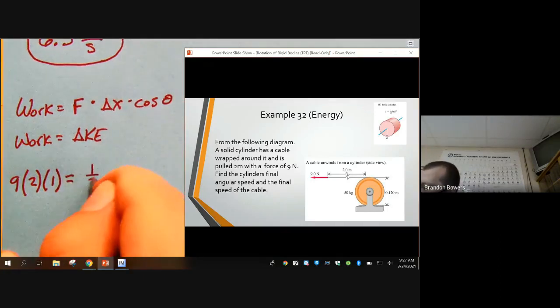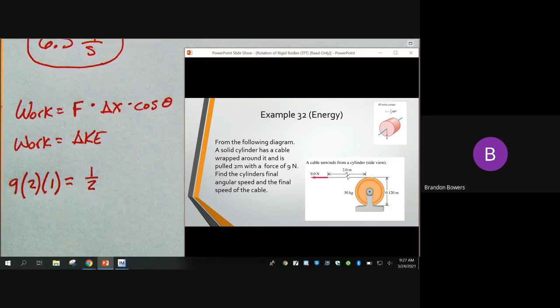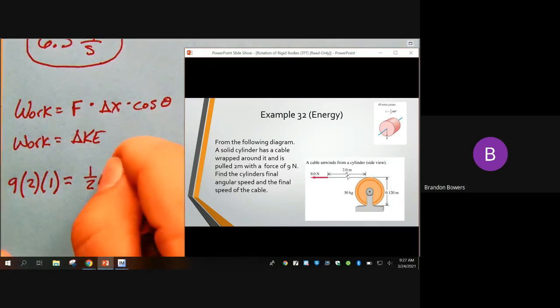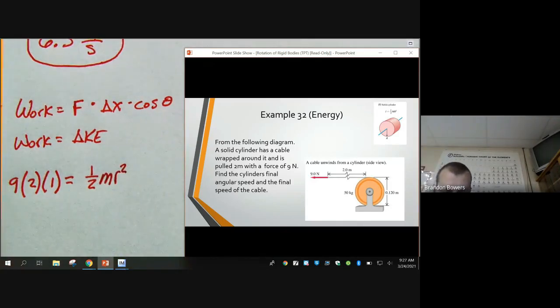Okay, so change in kinetic energy. So 1/2... does it tell me what I want to do here? Inertia, let's see. Yep, mr squared. So we're good. Solid cylinder, 1/2 mr squared. Wouldn't we also have just inertia?